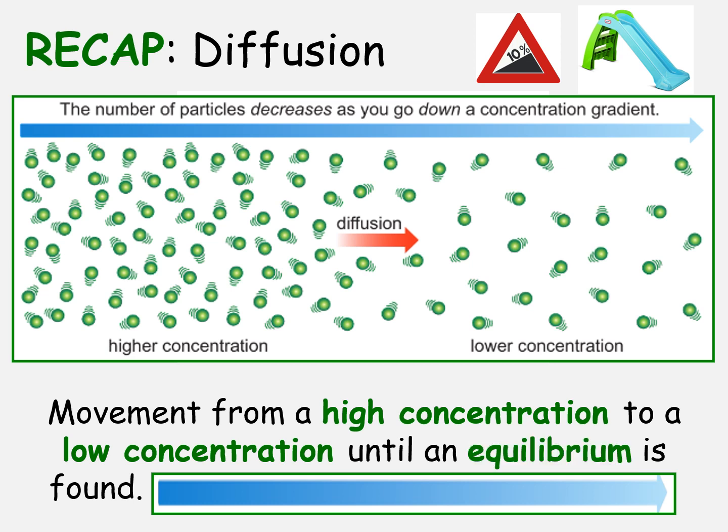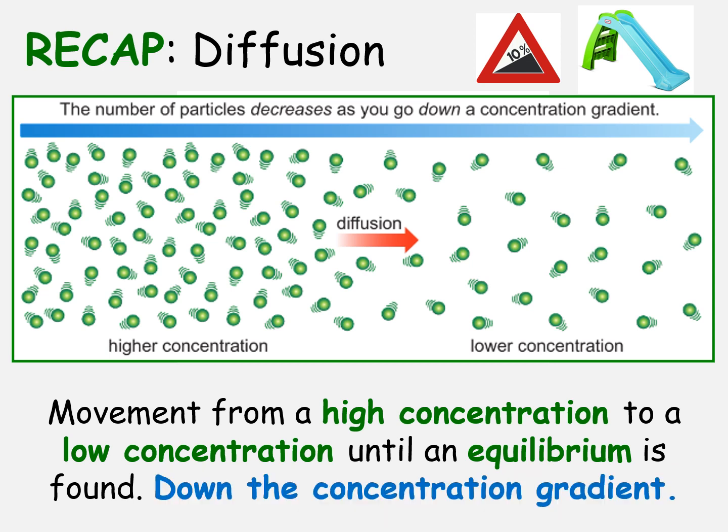Because these particles move from a high to a low concentration, it's almost like they're going down the slide that we've got there at the top of the screen. They go from high to low. We say that the particles move down the concentration gradient. That might be a really good definition for you to note down now if you don't remember that from the beginning of year 10.